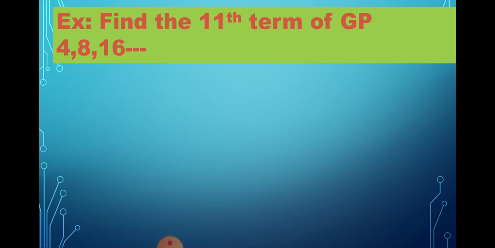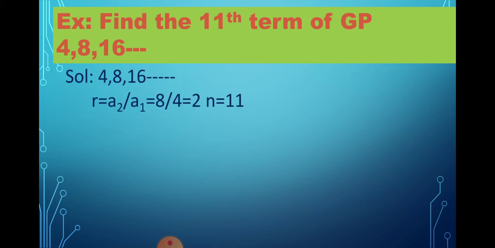Example here: find the 11th term of the geometric progression 4, 8, 16. Solution. 4, 8, 16 and so on is a geometric progression. So here the first term a1 equals 4 and a2 equals 8. r equals a2 by a1, that equals 8 by 4, that equals 2. So we will get the r value equals 2 and n equals 11.